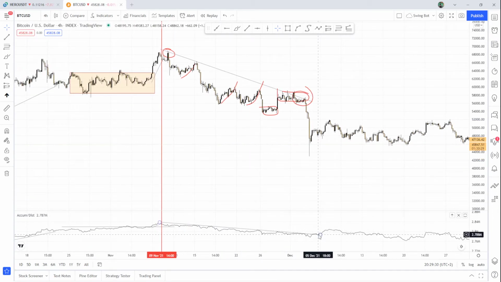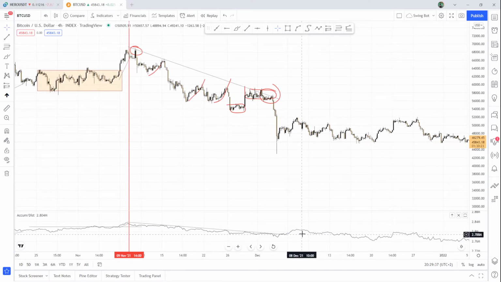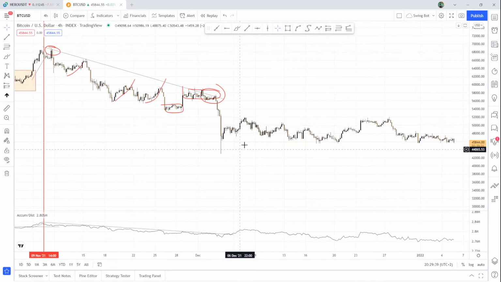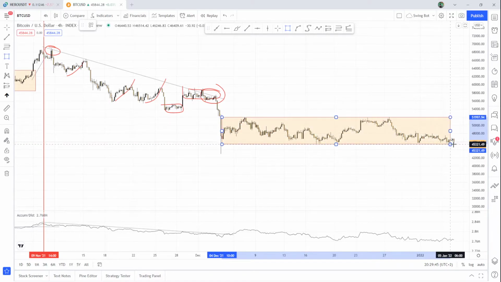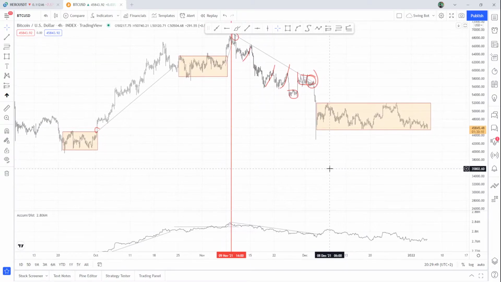And from here actually it goes up a bit, just a little bit, and then it starts to create another range, okay.